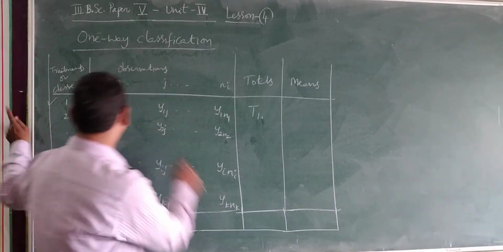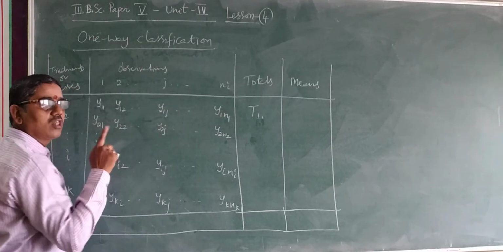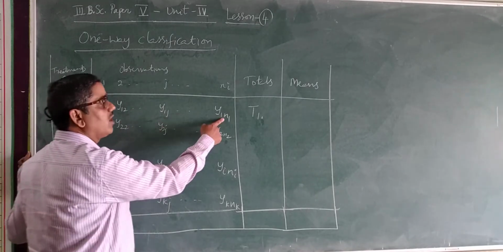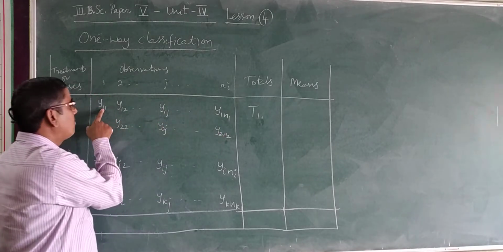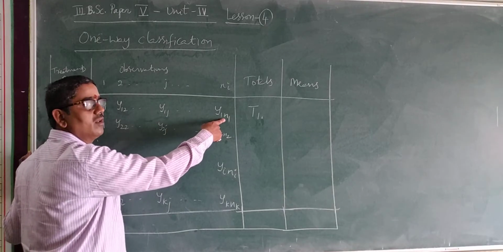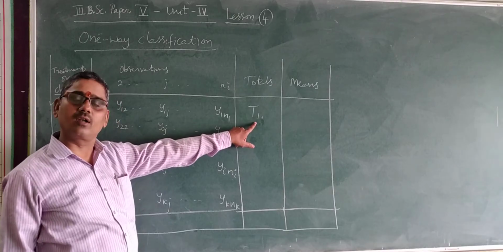So T1 dot is the total of all the observations in the first class: y11 plus y12 plus y1j and so on plus y1n1.